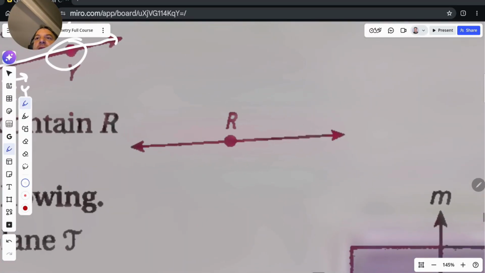2 more dots, one on each side of R, arrows on both ends. The 2 arrows from R go in opposite directions. So why don't we go ahead and make our second dot here. We'll call that one A, and our third dot here and call that one B. So for example, we have ray RA, and we have ray RB.